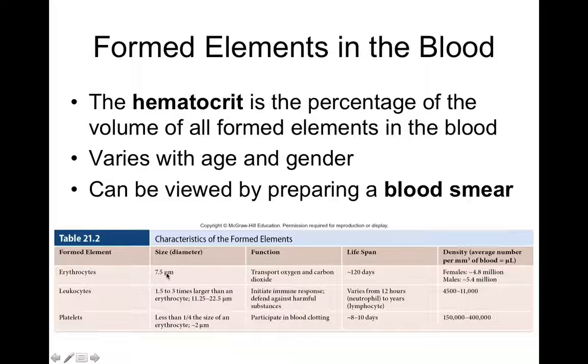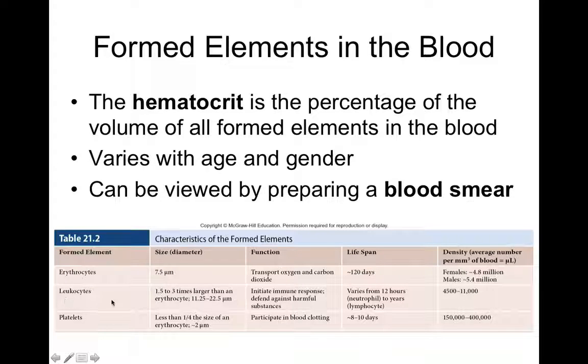So that would be close to 1/1000th of a millimeter, or meter, sorry. So it's actually pretty small. The functions of erythrocytes are to help transport gases like oxygen and carbon dioxide. They've got a pretty short lifespan, about 4 months or so. And the proportion of erythrocytes can vary depending on gender, but they remain in a fairly constant range.